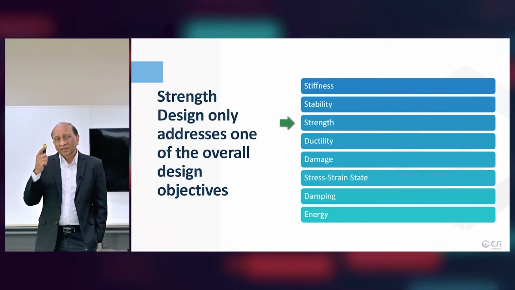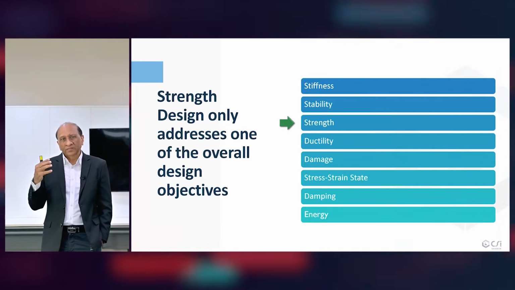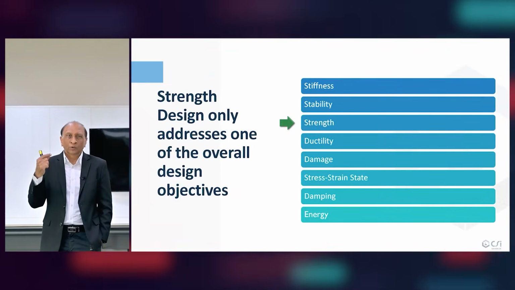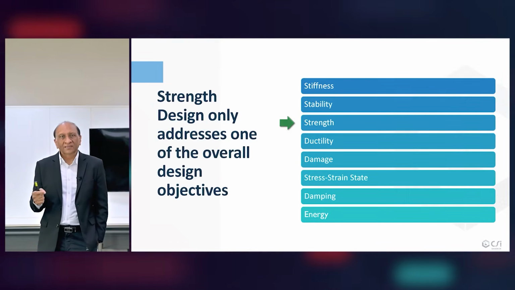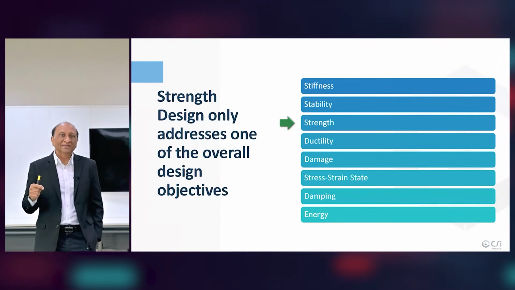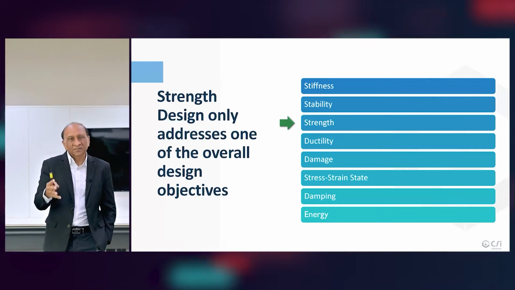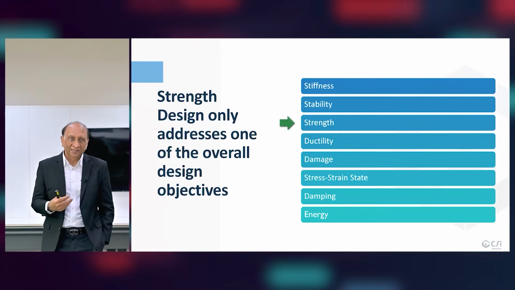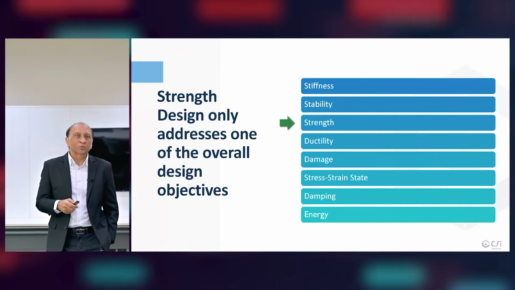Now, if you look at a structure, then normally for the design of a structure, we are looking at several aspects. We are looking at stiffness, stability, strength, ductility, damage, stress, strain, the state at any location, damping, and energy. These are the factors that normally are, you can say, performance indicators. And the strength equation only gives us one of them.